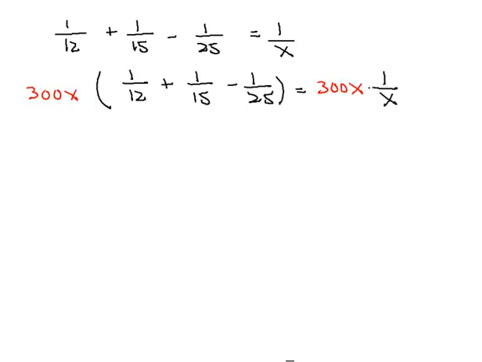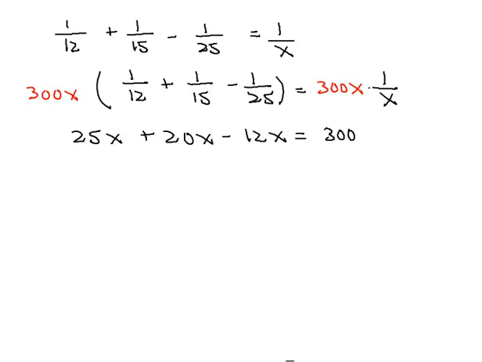Multiplying 1/12 by 300x, we end up with 25x. 1/15 times 300x will be 20x. And 1/25 times 300x will yield 12x. On the right hand side, the x's will cancel and we're left with just 300.